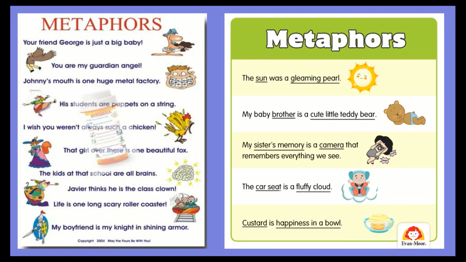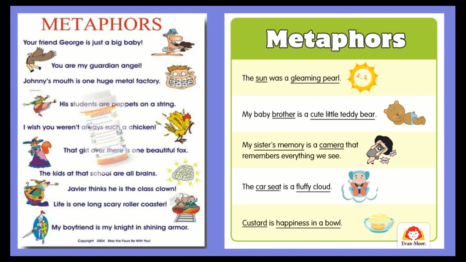Here's some other metaphors. Again, they'll directly compare it by saying it's something else. Your friend George is just a big baby. Is your friend George really a large child? No. If he's saying that they're a big baby, what do babies do? Babies cry. So your friend George is probably someone who cries over things that are silly.